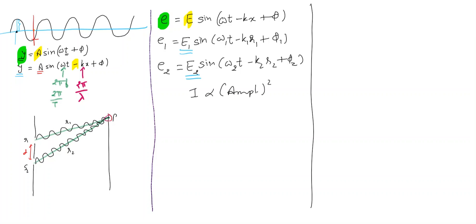For that, let us take help of phasors. If I want the resultant electric field, I have to add these two, and adding two sinusoidal functions is not an easy job. So we can take help of the phasor method.